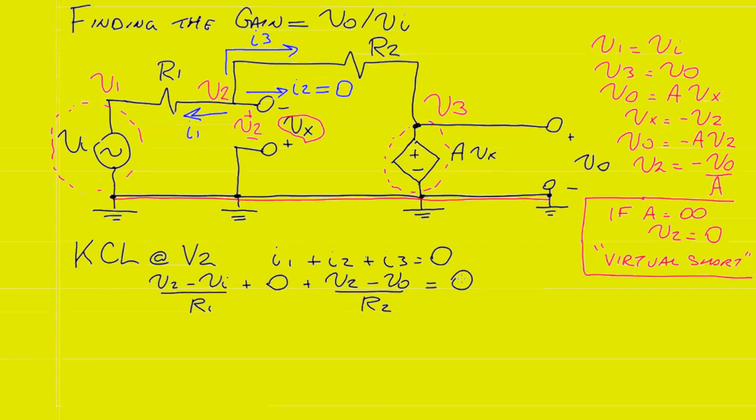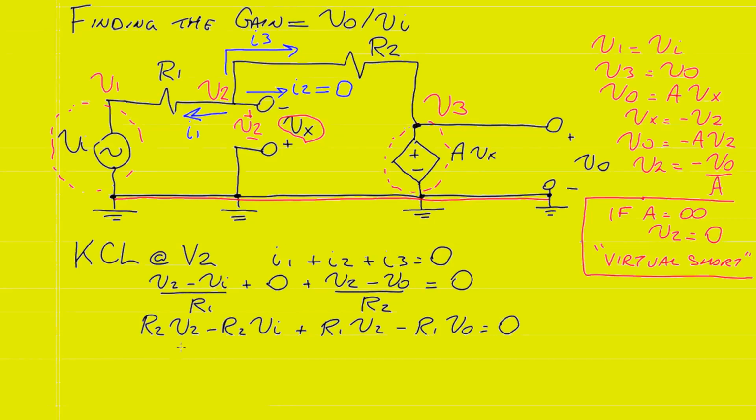We can multiply this equation through by R2 and by R1 to clear the fractions, so we'll get R2 times V2 minus R2 times our input voltage VI plus R1 times V2 minus R1 times Vout will all add up to 0.